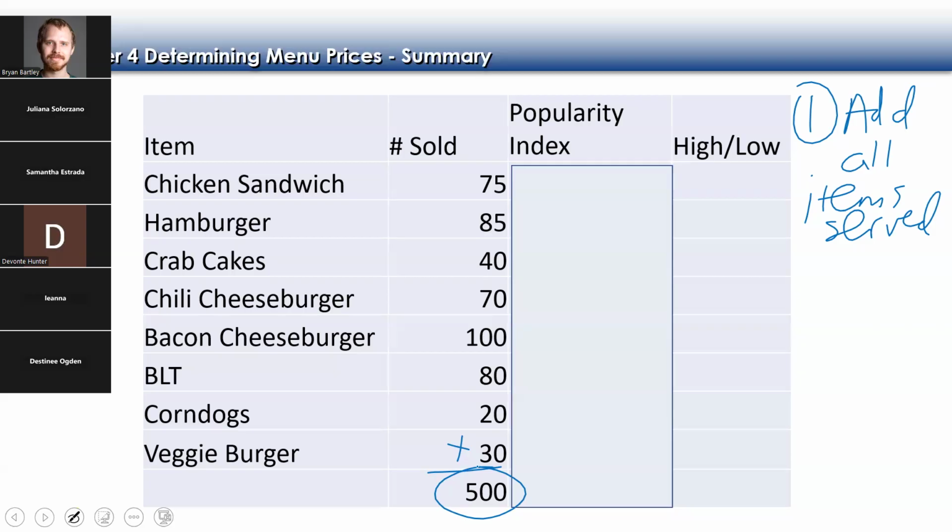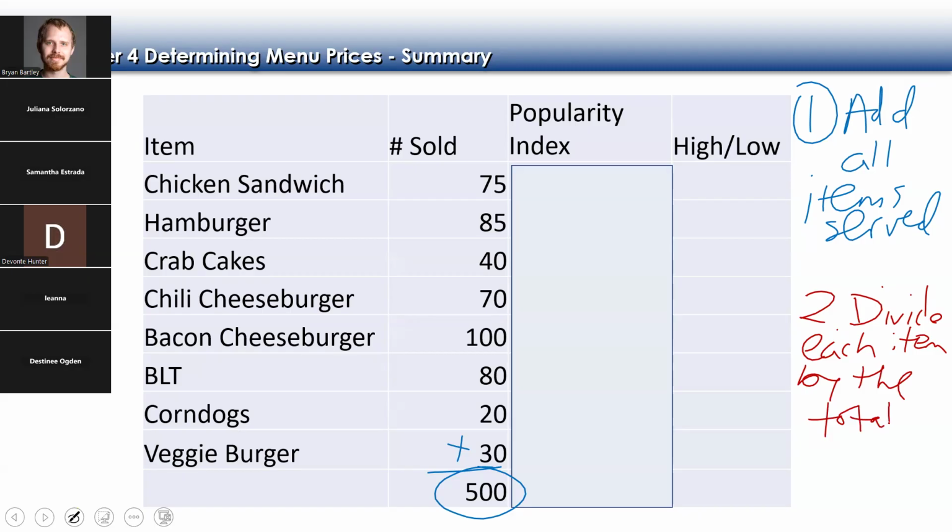Okay. Our second step, number 2, is divide each item by the total. So I'm going to come up here and write divided by 500, divided by 500, divided by 500.